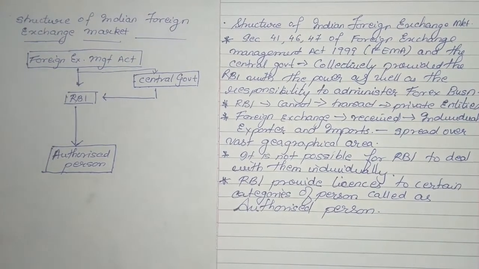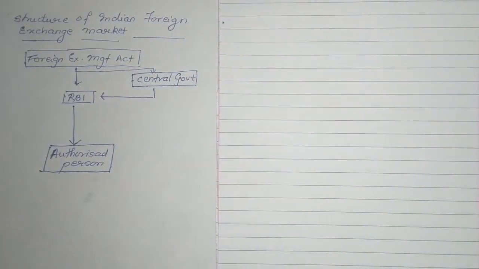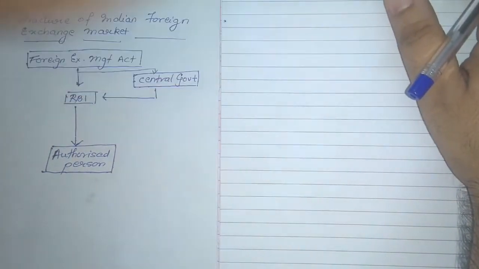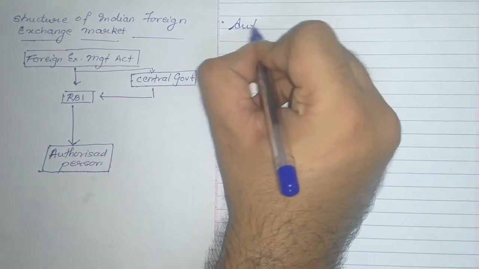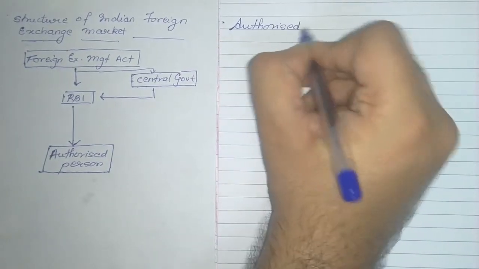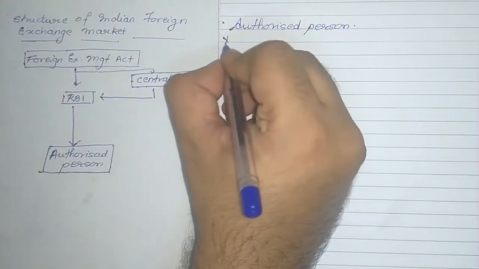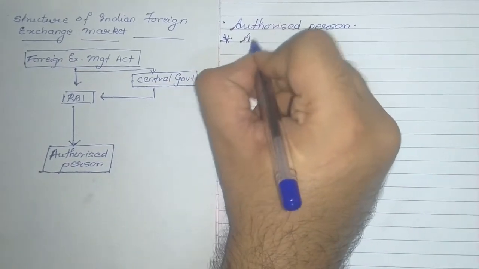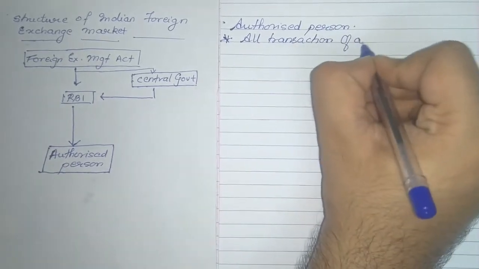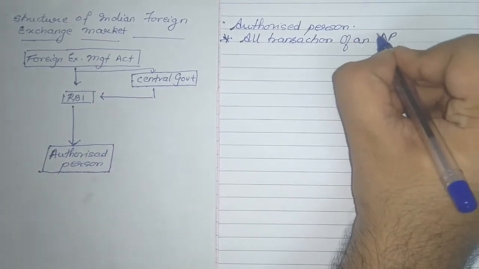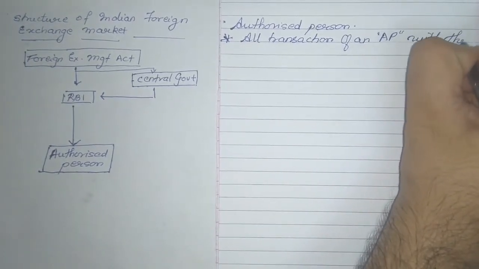Now let us understand what we mean by the term authorized person. Under this we need to remember that all transactions of an authorized person, we'll use the abbreviation as of now, with the end users.